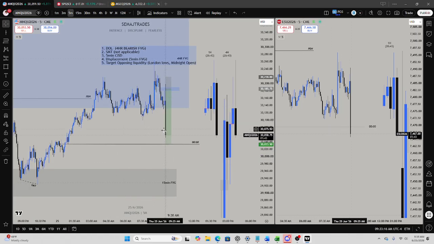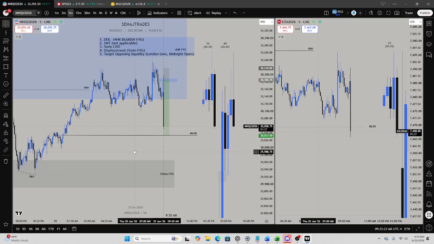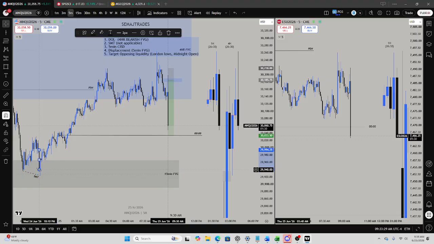London lows could have been TP1, midnight price TP2, this 15-minute fair value gap if it wants to come back to it. We also got this 5-minute order block.